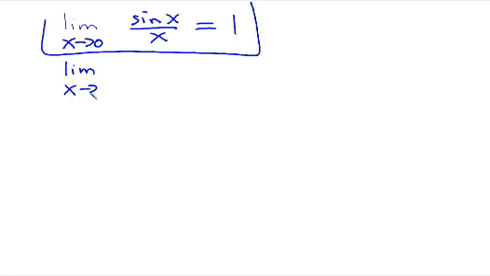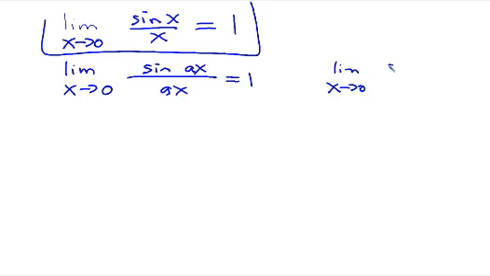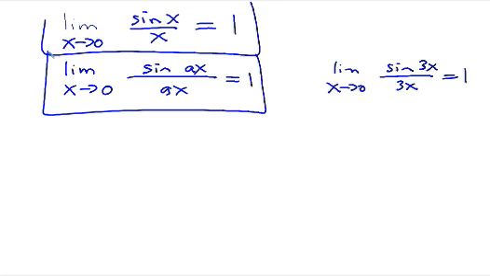Another rule we know is that the limit as x approaches 0 of the sine of ax over ax also equals 1. So if I had the limit as x approaches 0 of the sine of 3x over 3x, that is also equal to 1. That's just a verifiable, provable fact.